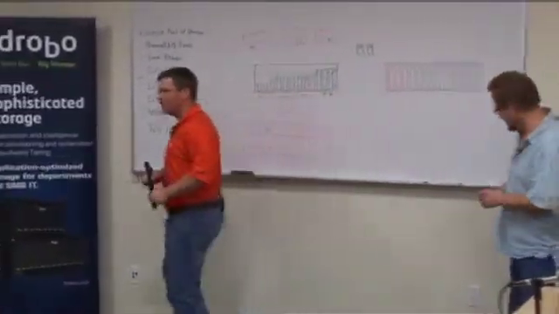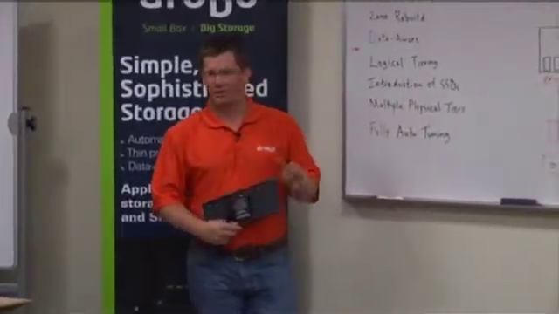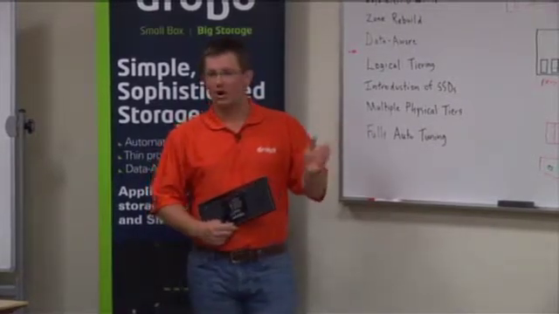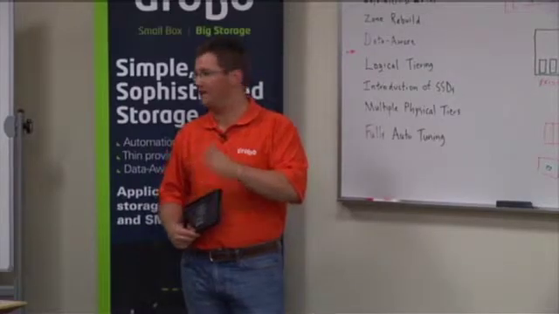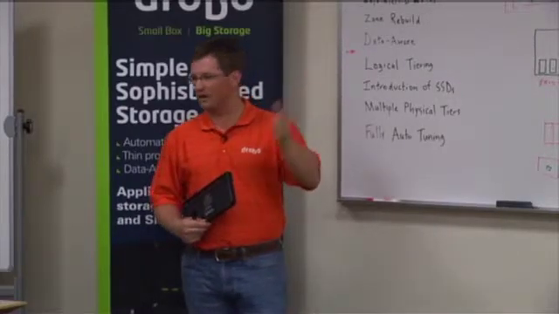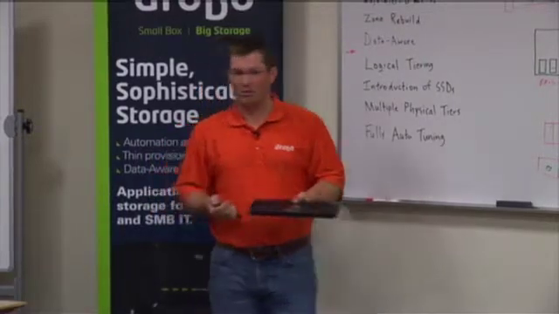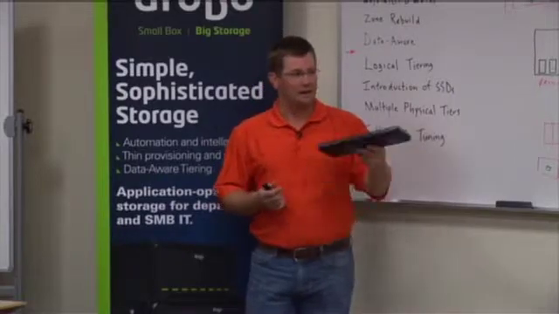The only real user actions with the Drobo are inserting the types of drives they want, carving up the available storage capacity and assigning it to servers, so creating volumes or LUNs and assigning them to servers, and essentially then maintaining the Drobo. A Drobo is maintained almost solely by the lights on the front.